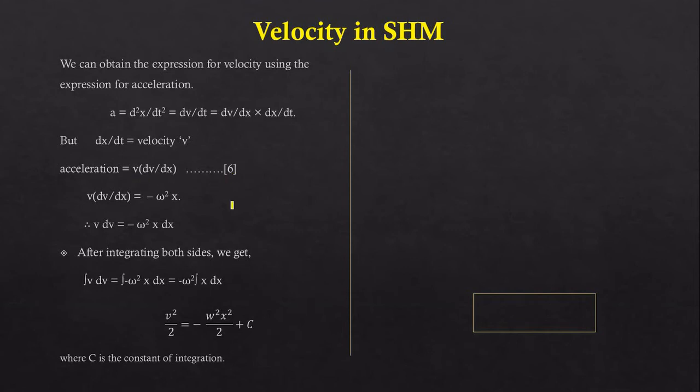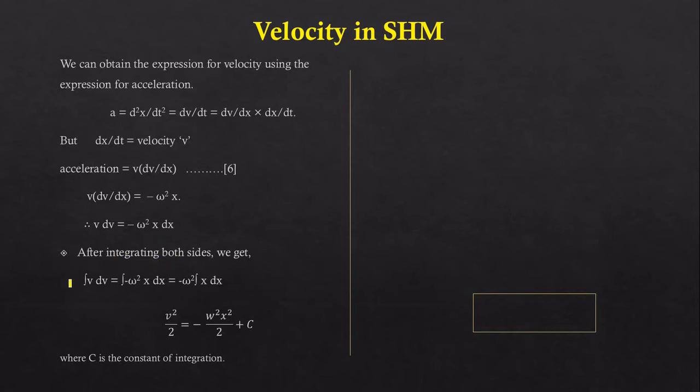Now again recalling the equation of simple harmonic motion, minus omega square x, that we already derived on the first page, v dv by dx is equal to minus omega square x. So bring this dx to the right hand side: v dv is equal to minus omega square x dx.